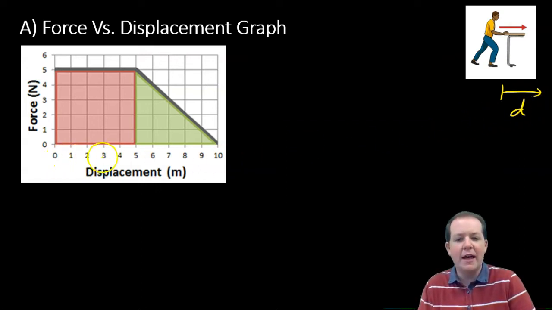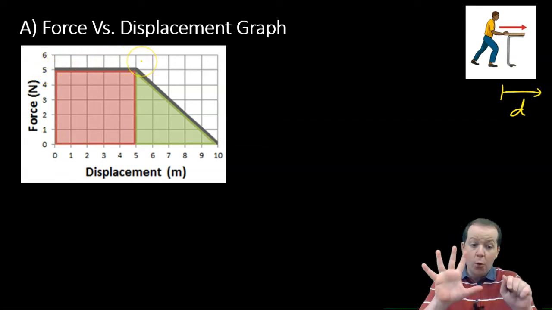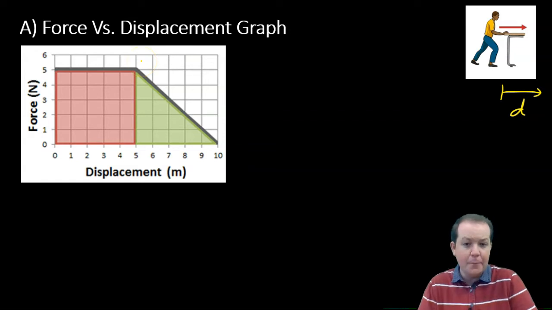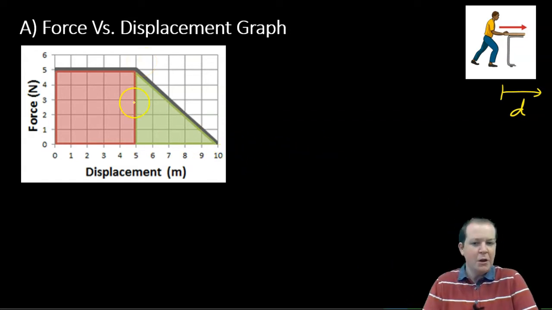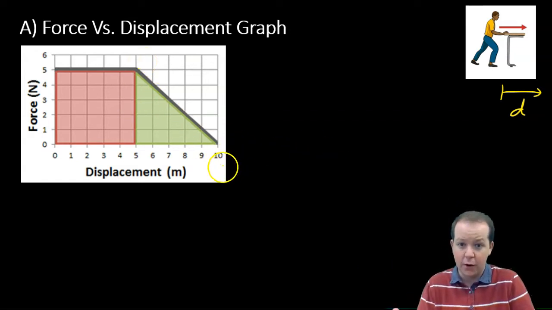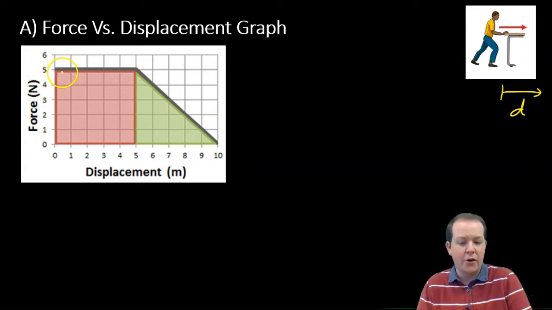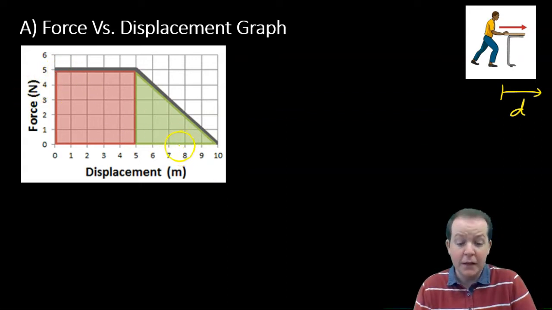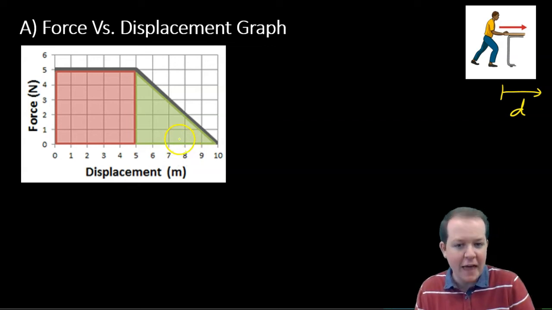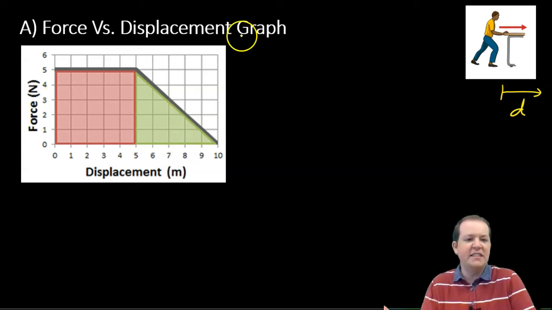Well, maybe I'm applying a different force. Like, maybe I'm applying this force of 5 newtons for a while, but then when I get close to where I want to ultimately push that table, when I get close to the end spot, I drastically lower my force to 0. So it's how much force I'm applying on an object versus the displacement, the change in position of that object, okay?